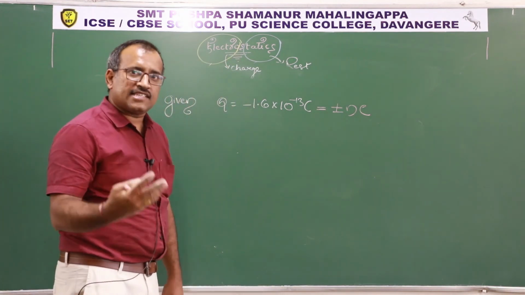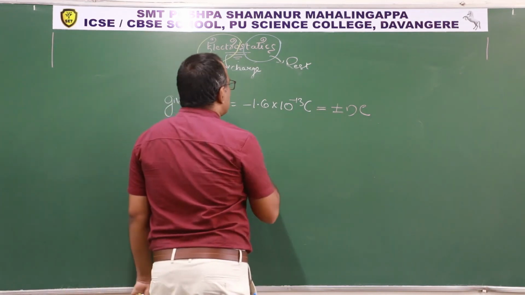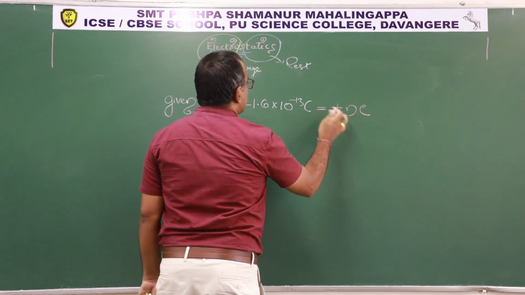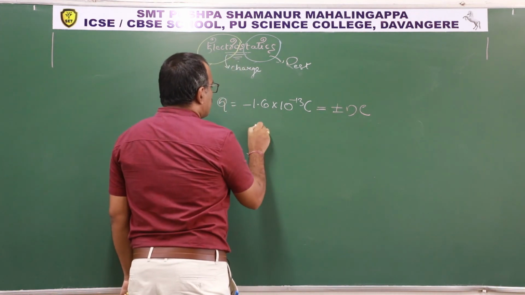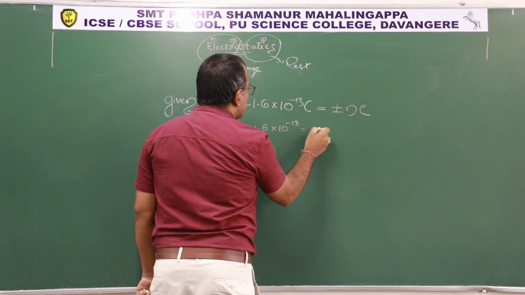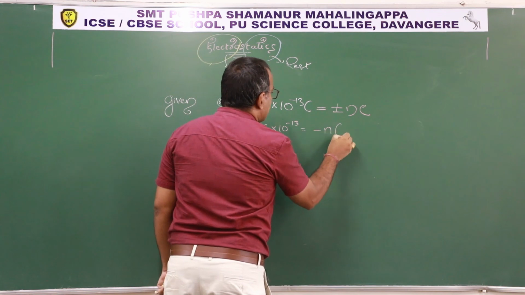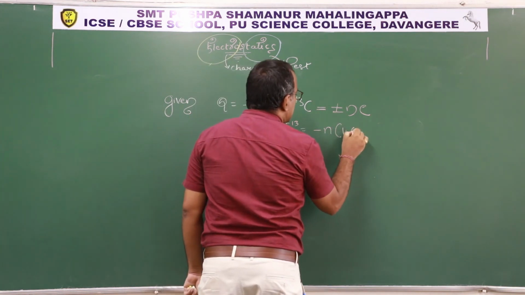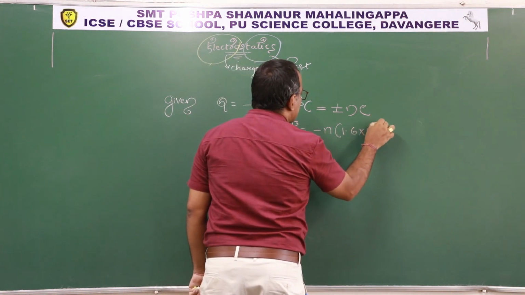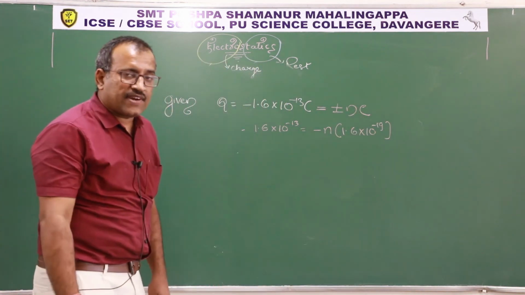Absolutely. Now, it is minus, so don't concentrate on plus. So 1.6 into 10 power minus 13 is equal to minus n times the electron charge. I am keeping here 10 power minus 19. I have to find the value of n.